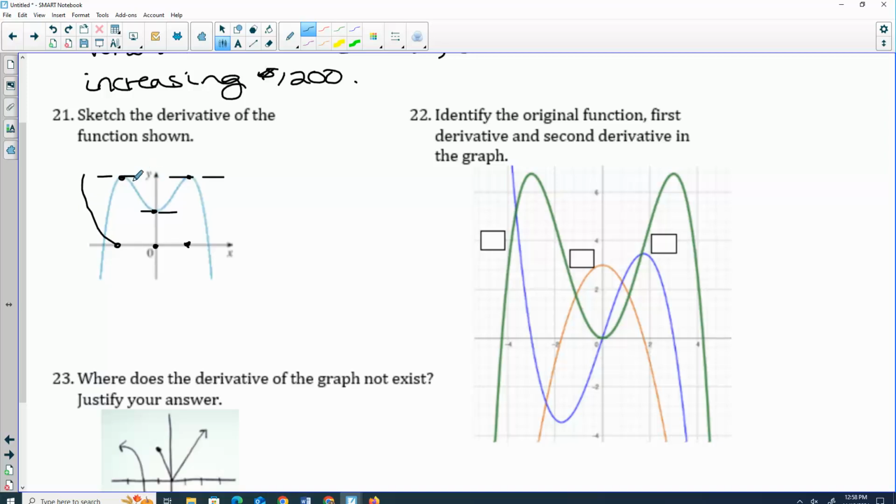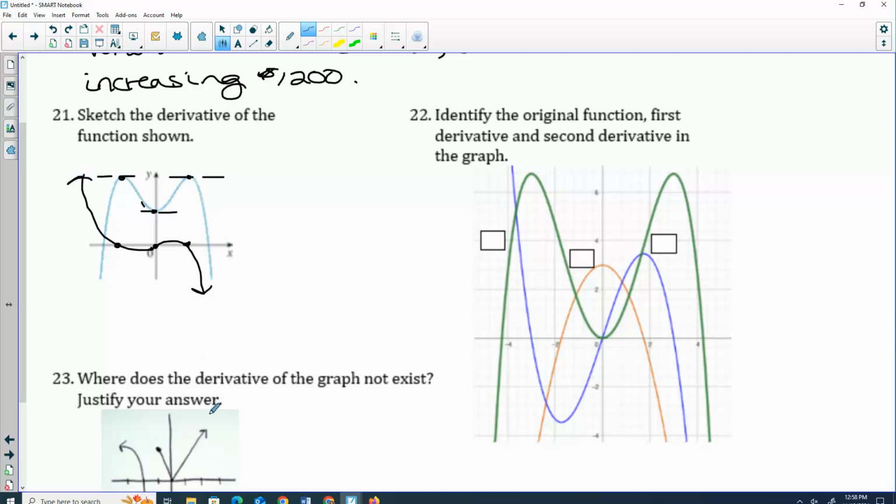Then my graph is falling, so the derivative is negative. We have to come back and hit our point. Then it was rising, so positive, we hit our point, and then it's falling, so negative.